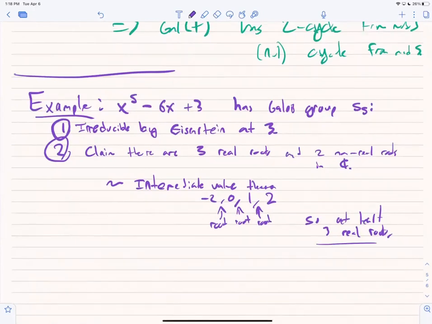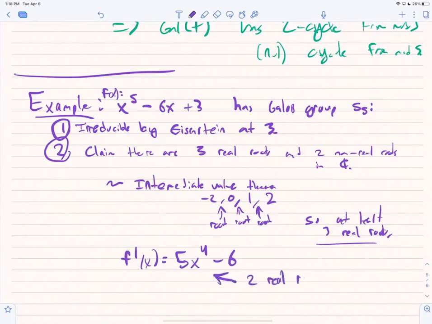On the other hand, if I write f of x as this, then the derivative of f is 5x to the 4th minus 6. And it's not too hard to see this only has 2 real roots. The roots are a 4th root of 6/5, and then I spin it around, so I take plus or minus i.